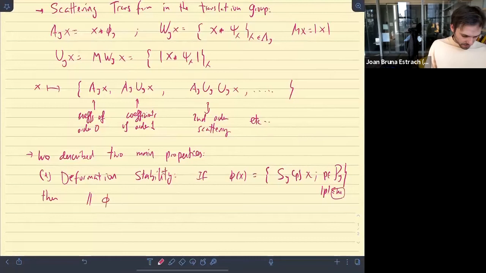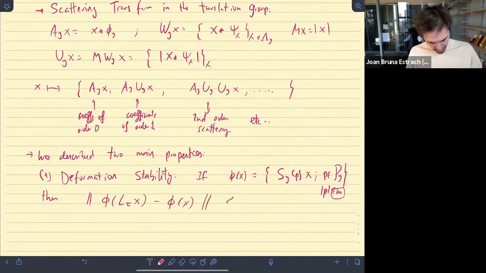Then we had the following result: the coefficients of the image and the coefficients of the deformed image satisfied an inequality of the form: this depends on the number of layers times the norm of the signal X times the deformation cost.